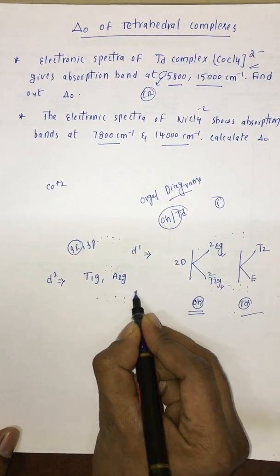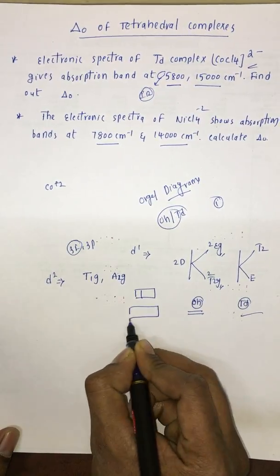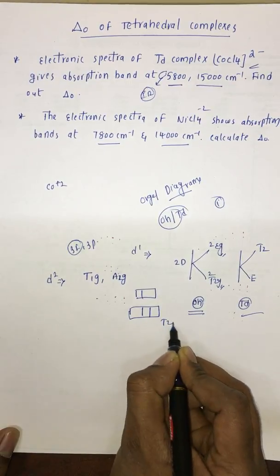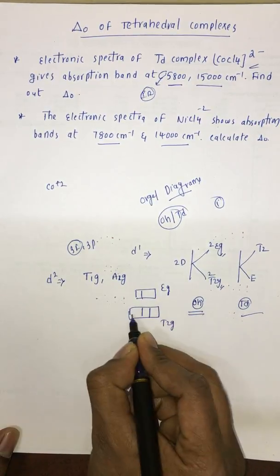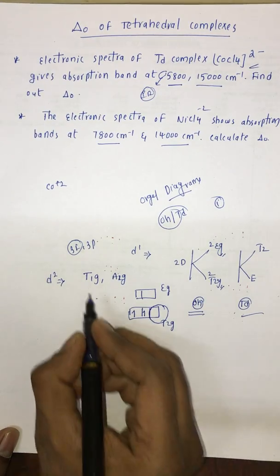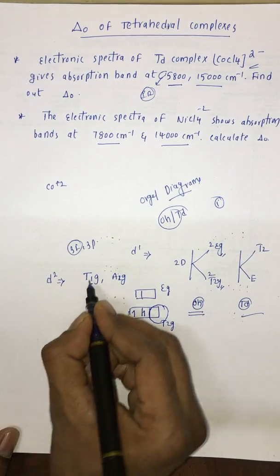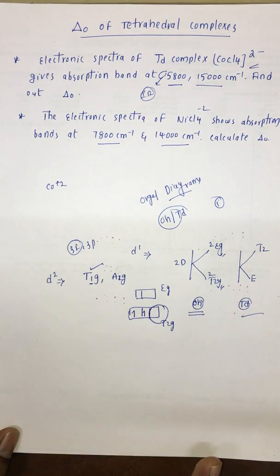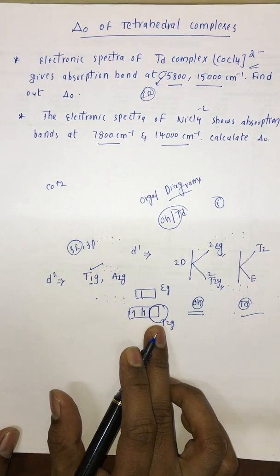Just remember: this is T2g and this is Eg. So 2 electrons are there. How many vacant orbitals are here? Only one. So T1g will be the ground state for d2, because one vacancy is there.